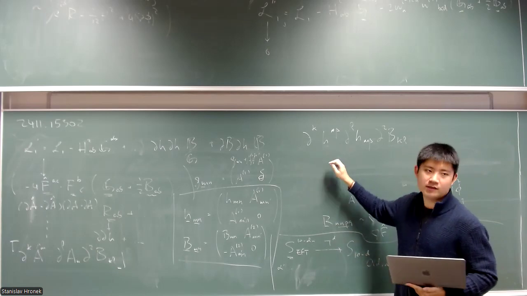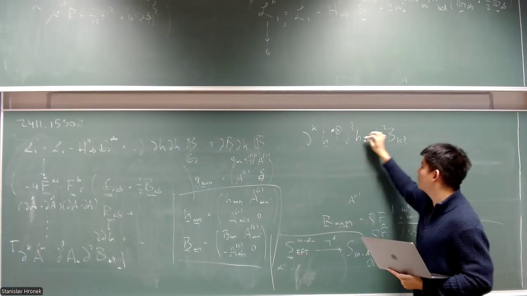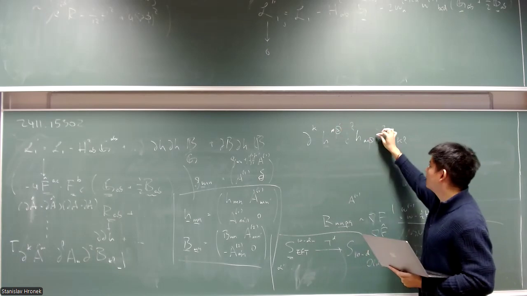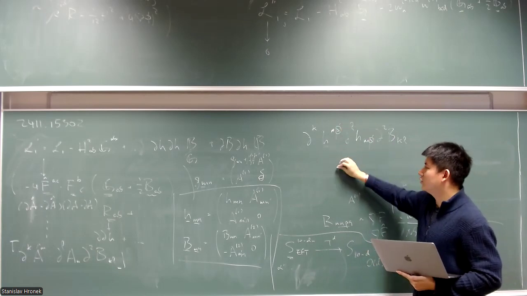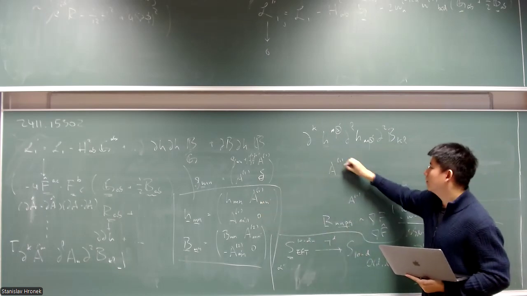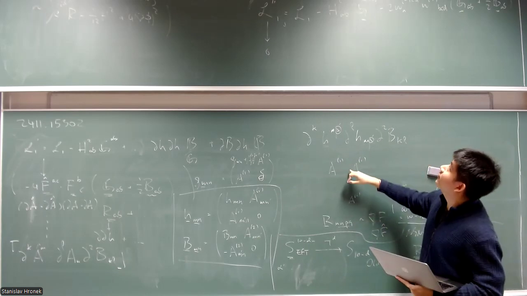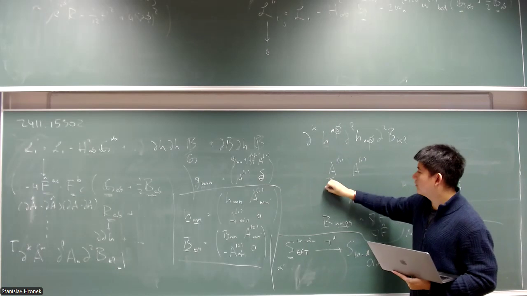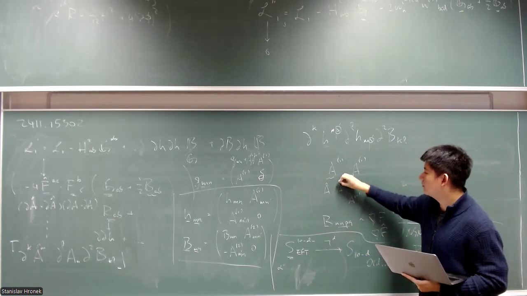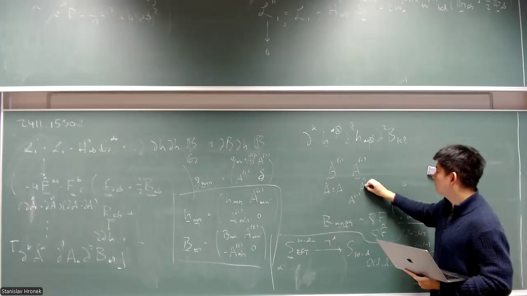What we are hoping is that once we do reduction, basically setting one index to be internal, so let's say this is internal, this is internal, H will give us something like A1, and well, I don't know, a combination of A plus minus.